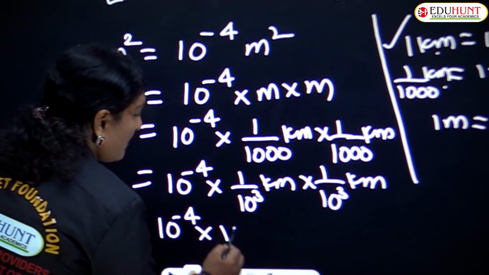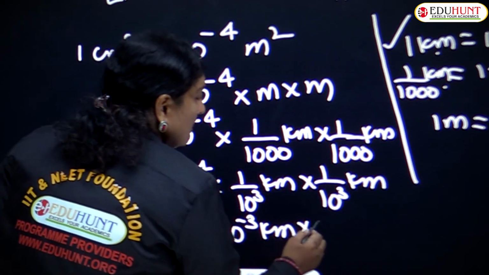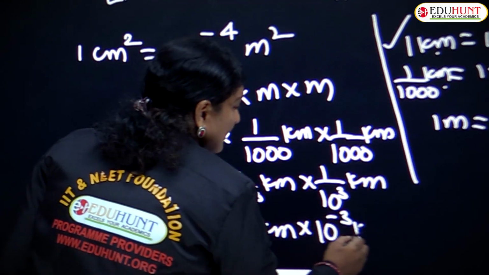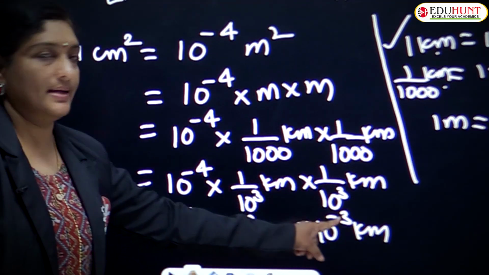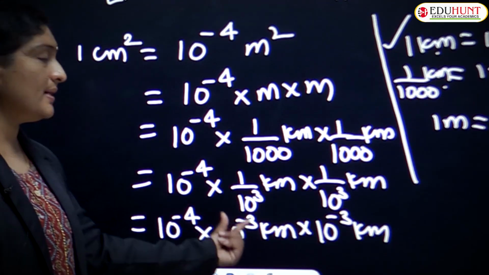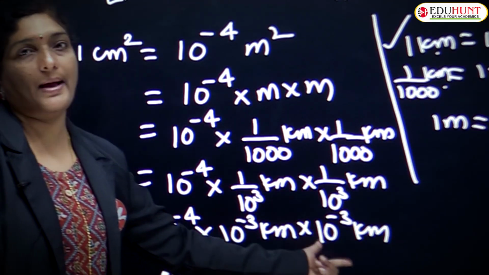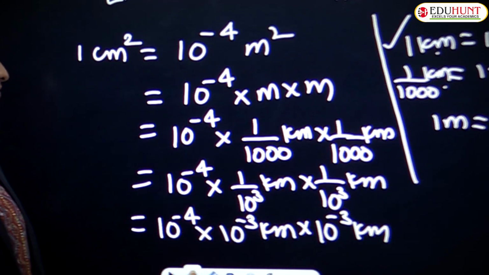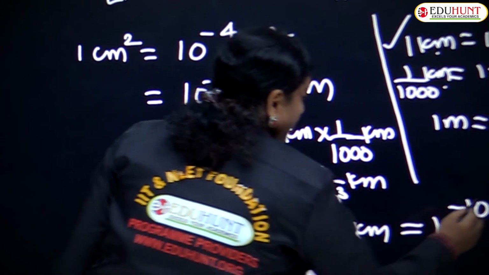So 10 power minus 3 kilometer, and again here also 10 power minus 3 kilometer. Now minus 4 minus 3 is minus 7, minus 7 minus 3 is minus 10. Hence your answer would be 10 power minus 10.